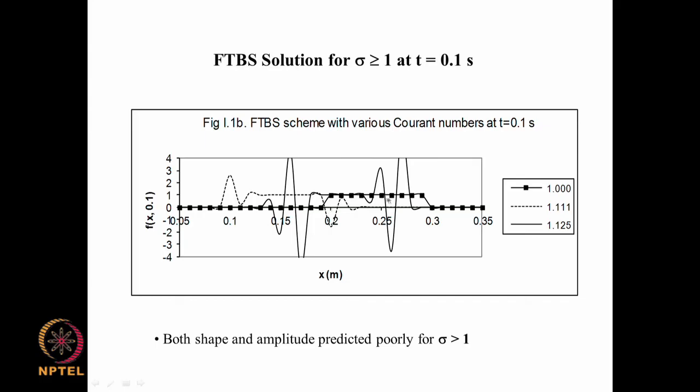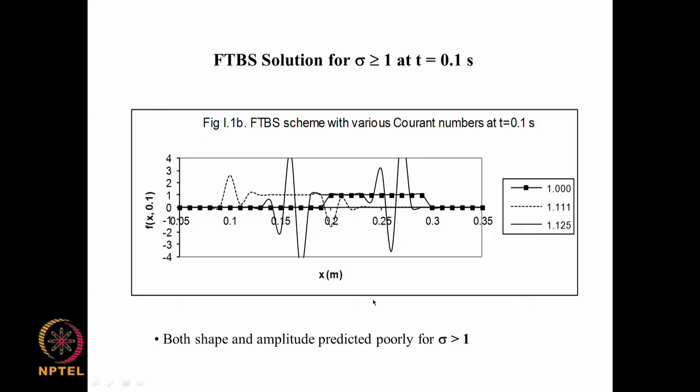So we have the exact solution here and then it is 0 like this, but a slight increase in delta t has given us a variation like this by the dotted line, and this is not the square pulse that we expect, and it is not confined to between 0.2 and 0.3, which is what we expect. And if you increase it by another small amount, from 1.111 to 1.125, you see the value going deeply negative and deeply positive, and this is not like the rectangular pulse that we are expecting.